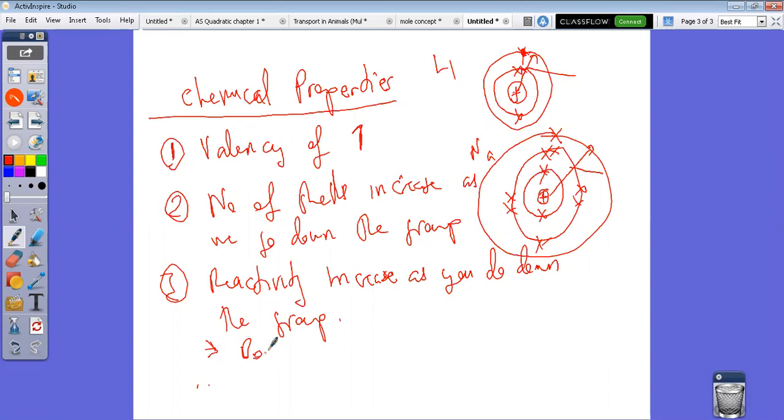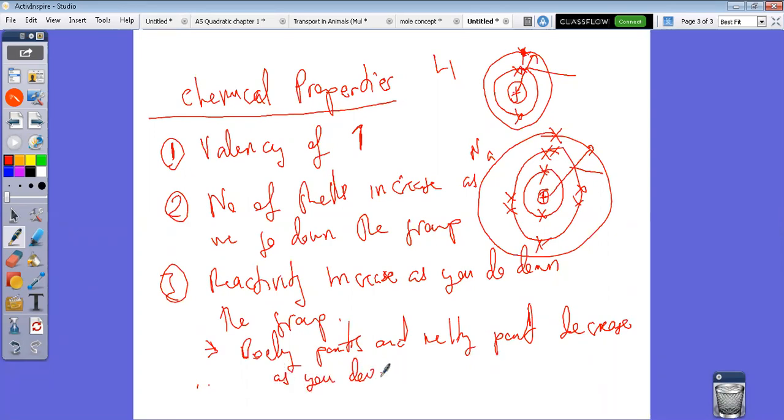Boiling points and melting points decrease as you go down the group.